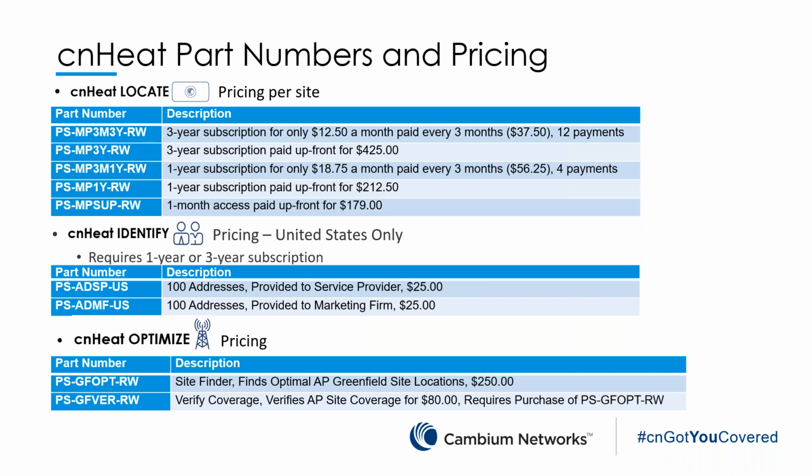So that's what Identify is. It's a very good way to target market and get addresses to target market to. And we can do it 2 ways. You can either have the addresses sent to yourself, or if you use a marketing firm with Market Broadband, we can send it to Market Broadband and they can take care of the addresses for you.